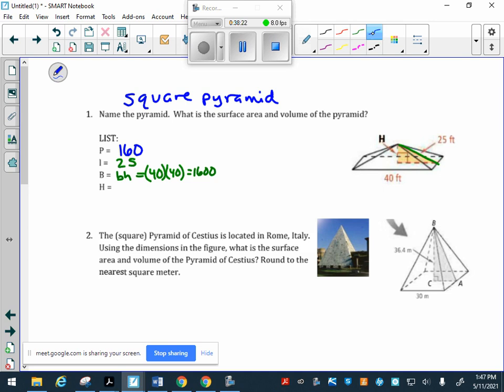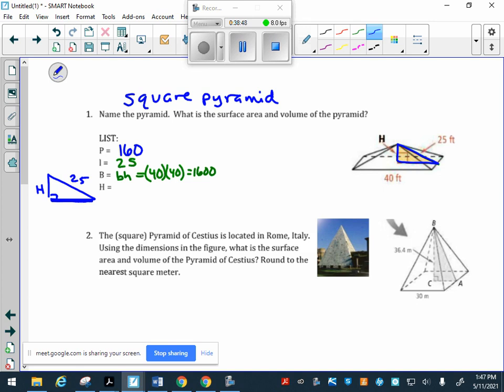95% of the time, when you have a pyramid or a cone, you're going to need the Pythagorean theorem to find one of the missing pieces. So let's redraw that triangle here. That's this triangle right here. You've got H, you've got 25 as the slant height.